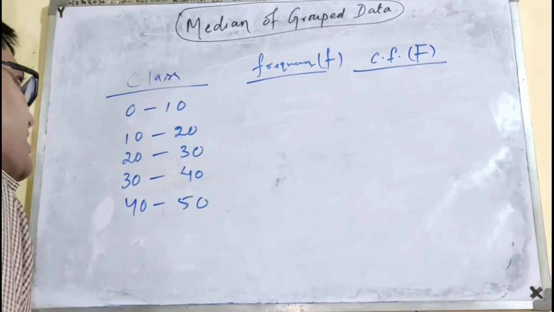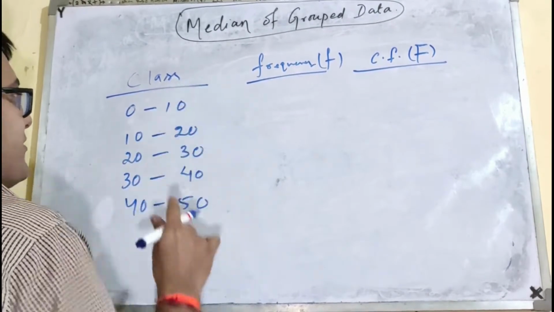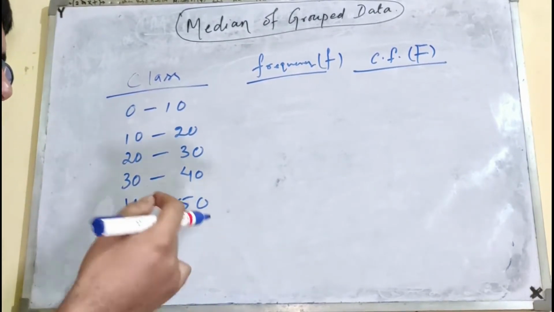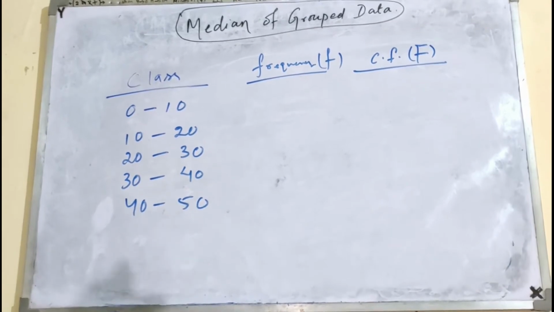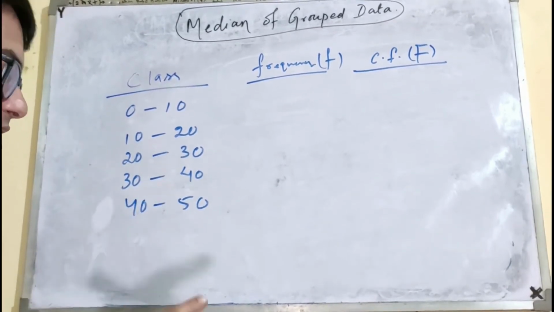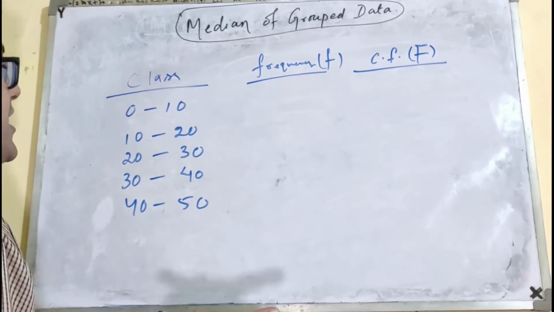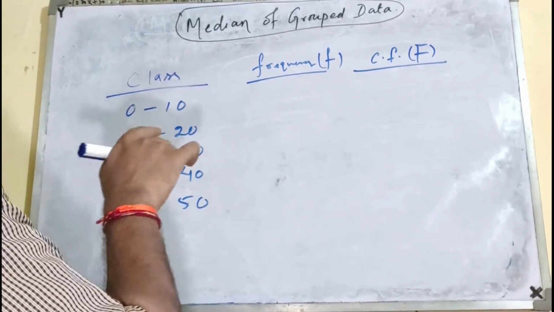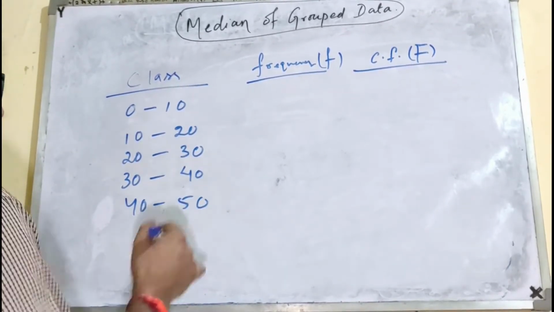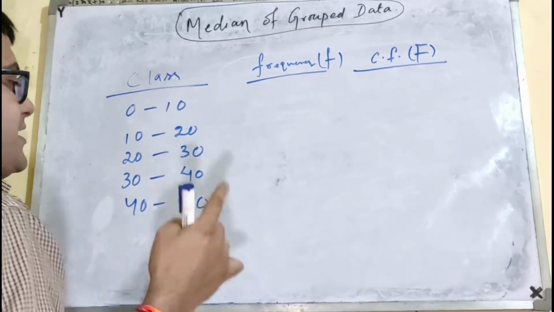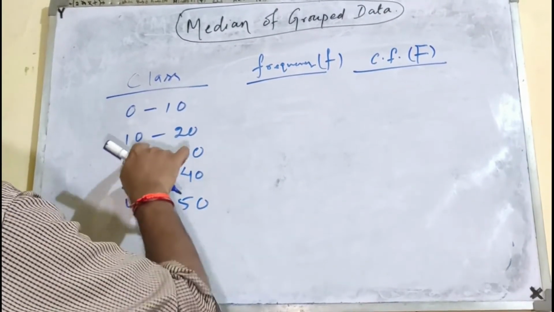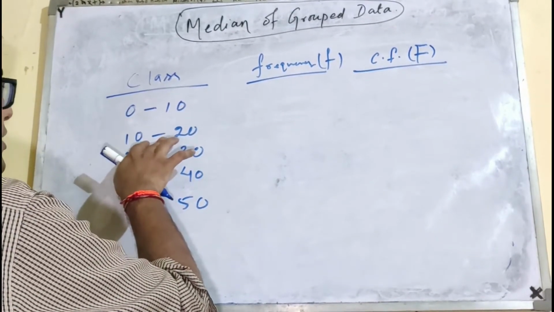The convention is, if you have any mark which is common to 2 different classes, then that particular mark is taken to be in the class that has the particular mark as the lower limit. So if someone has 10, you will find the class which has lower limit at 10. So this one is the class he is going to be put into.